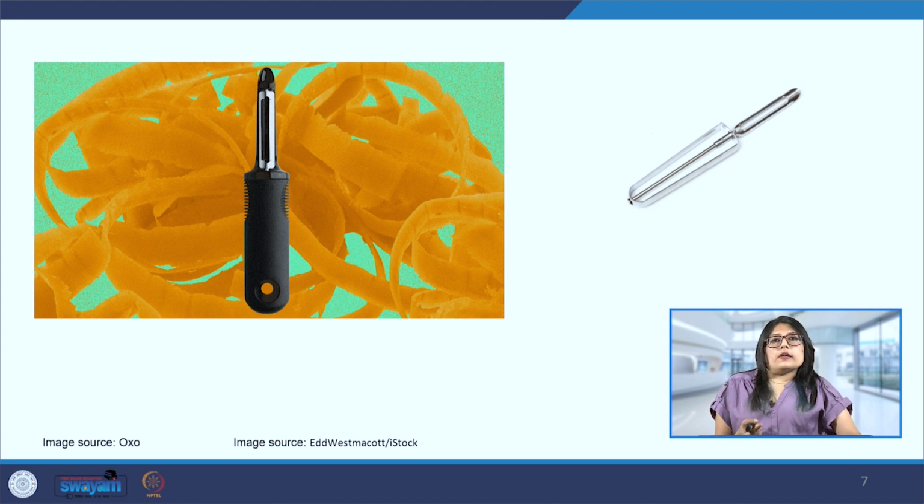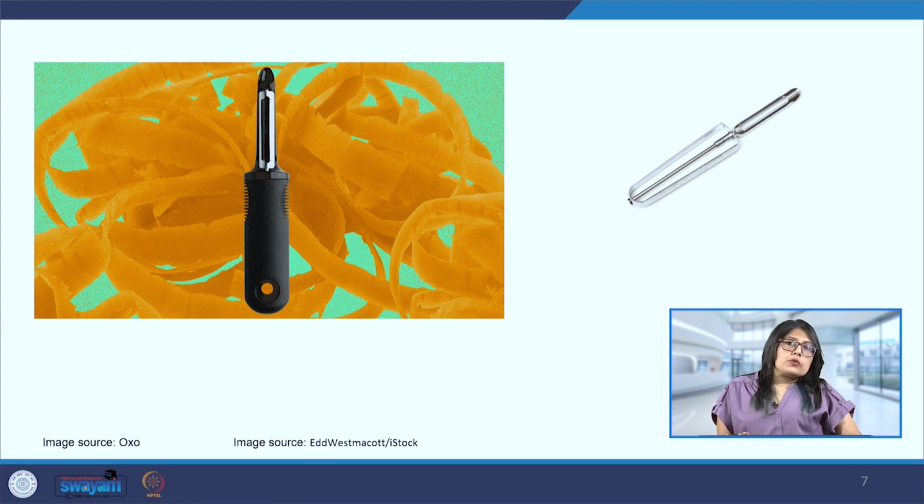Now this is, I think, a fine example of how a peeler which was initially designed for somebody with a disability, which was not allowing them to use the tool as efficiently as a person without arthritis, became really liked and preferred by people all over the country, all over the world, who did not have any disability also.